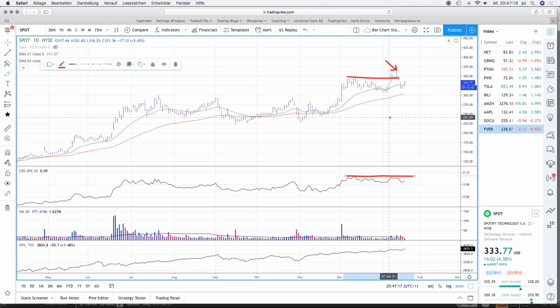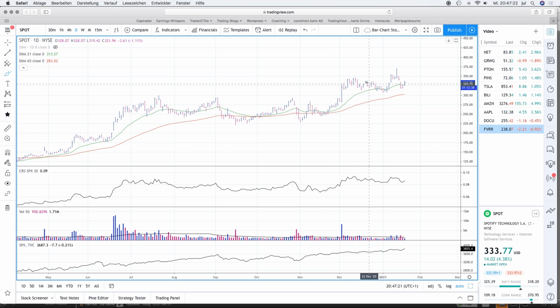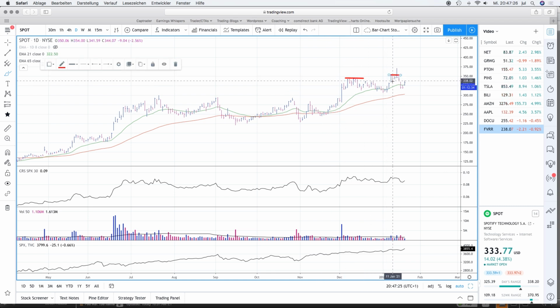And what you can see before, and this is what I want to highlight here, you can see that the stock printed a very small new high here, so a minor new high, and that was not reflected by the RS line here.